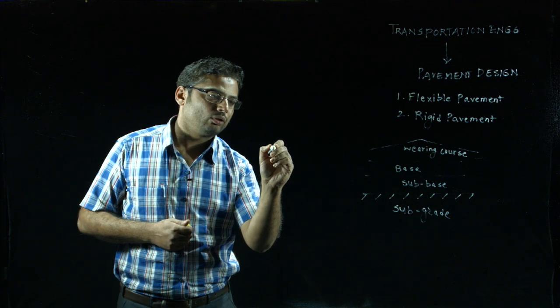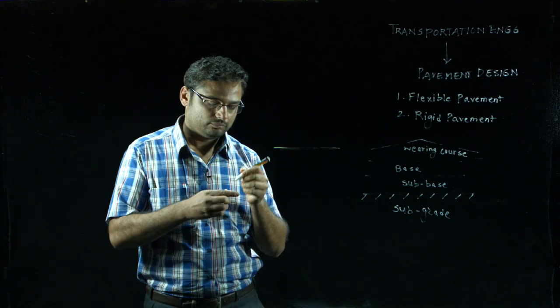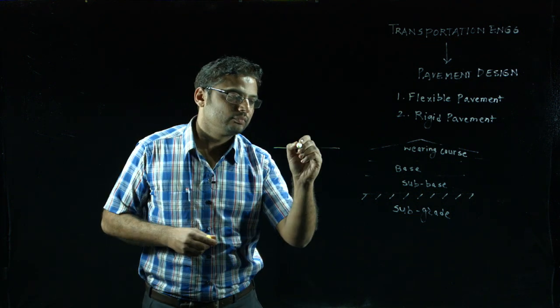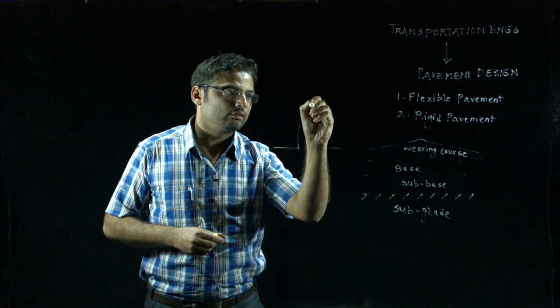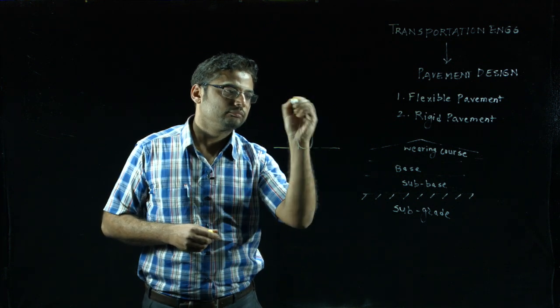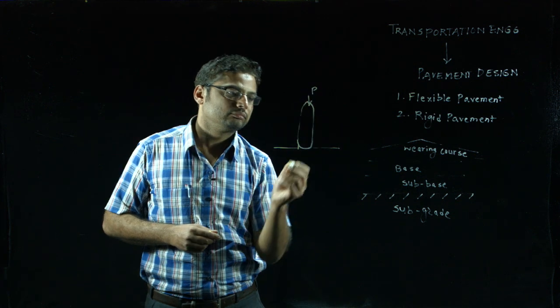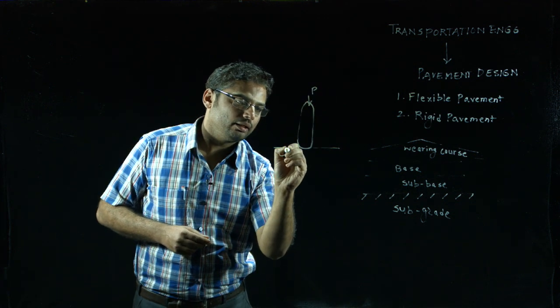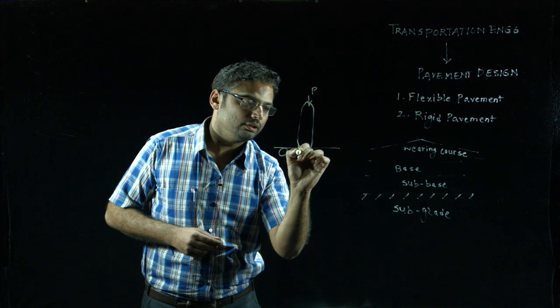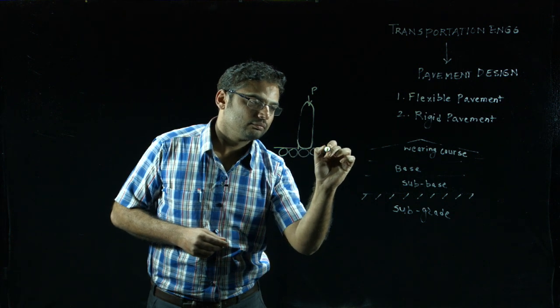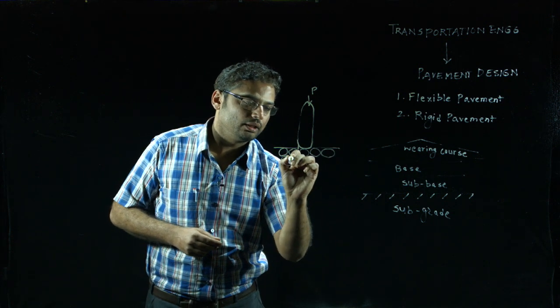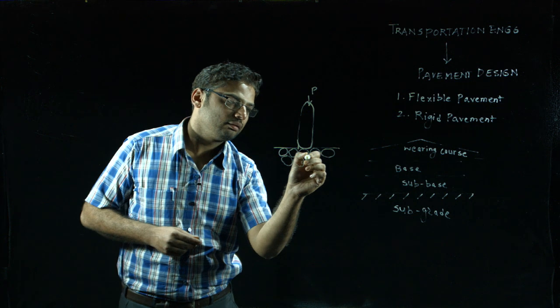Now, if I try to draw, suppose this is our wheel and the layer beneath this contains some material.